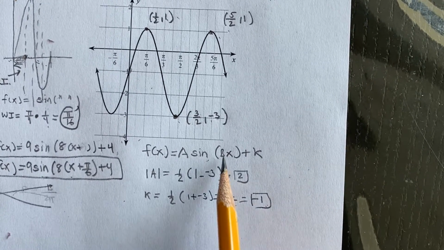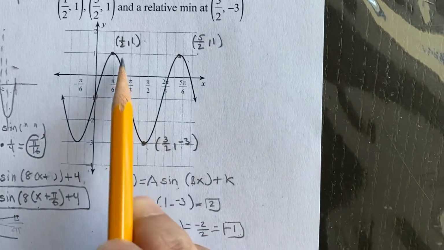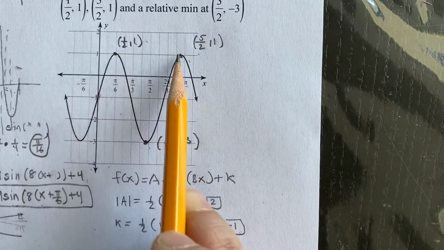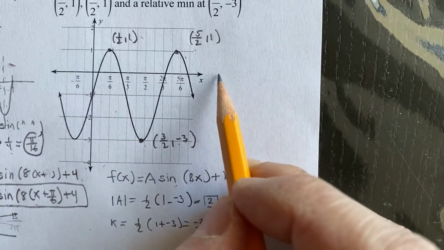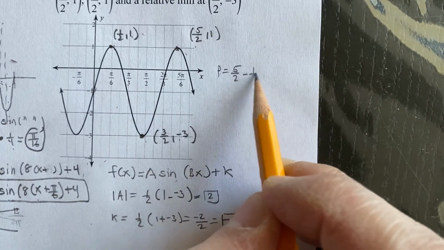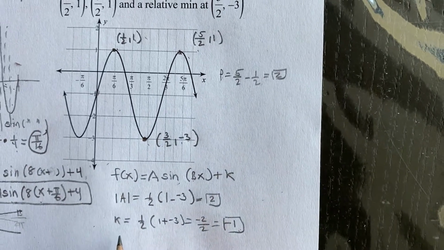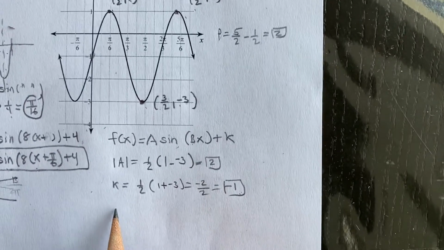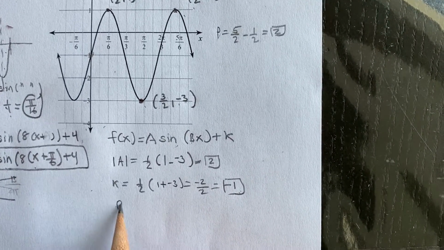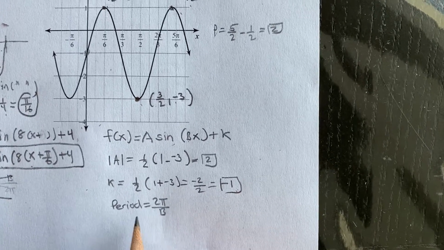And last but not least, you also have a period, which you need to calculate to determine what the b is, right? So remember, the period is the horizontal length of one cycle. So the distance between here and here is just 5/2 minus 1/2, which is just 2. And so if that's my period, I'm going to calculate period is 2 pi over b.